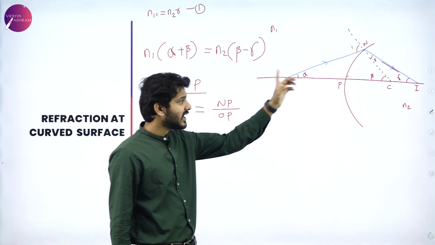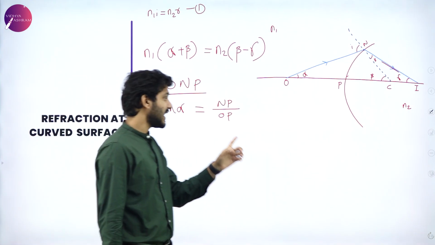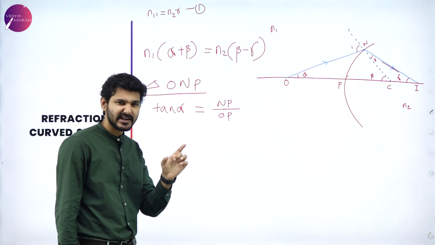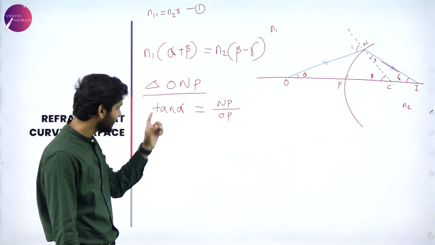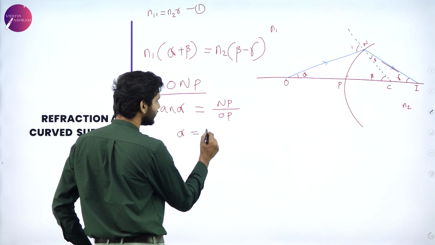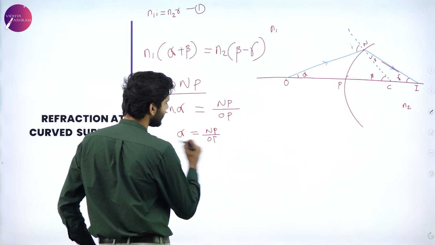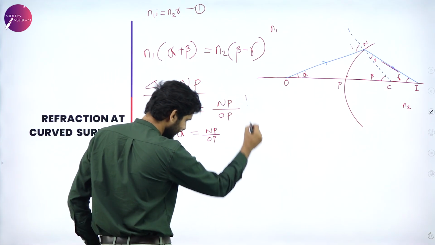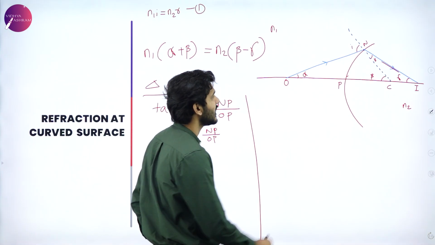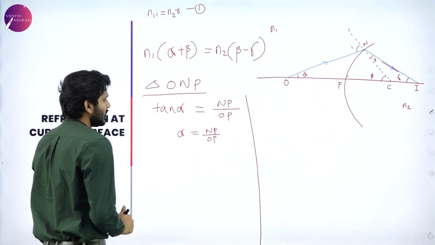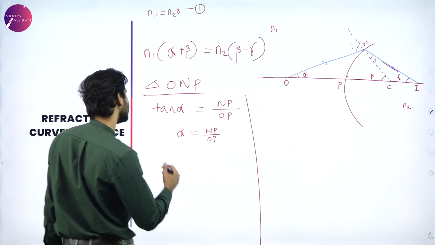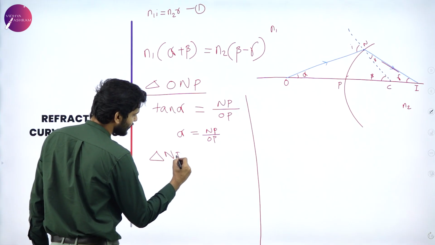Similarly, I can do this for the other angles also, but before that, since tan alpha is very small, I can approximate tan alpha to alpha. So I can say that alpha is equal to NP by OP, right? And similarly, I'm going to consider the next triangle, that is NPC.